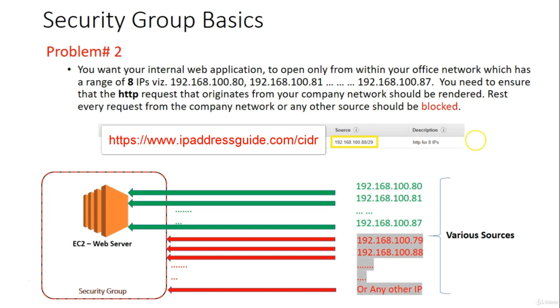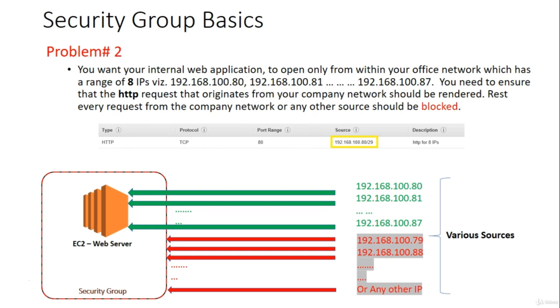There you can put the first IP and the last IP, that is .80 and .87, and it will automatically give you the value after slash. So in this case it should be 29. Okay, so this is clear, I think.